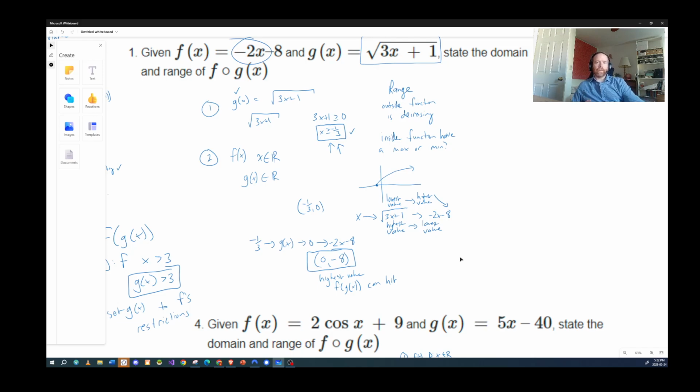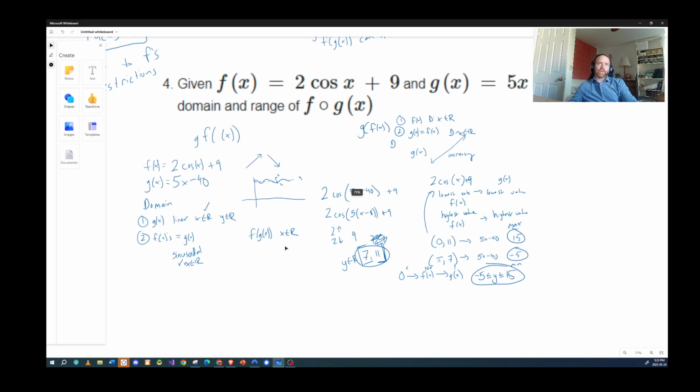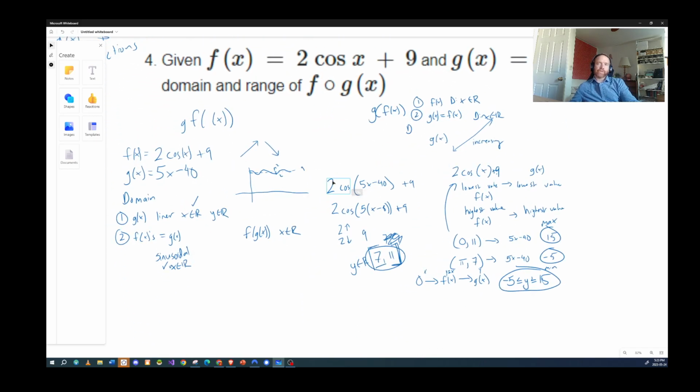Of course, there can be other examples of this, like the outside function has a max or min and the inside function doesn't. That's what happened with our cos question over here. What we did there is we said, well, the outside function has maxes and mins. Does the inside function cause them all to get hit? And that's really all you've got to ask.